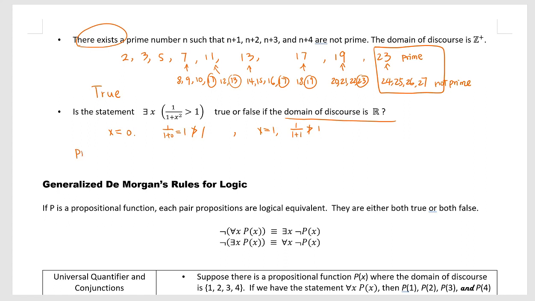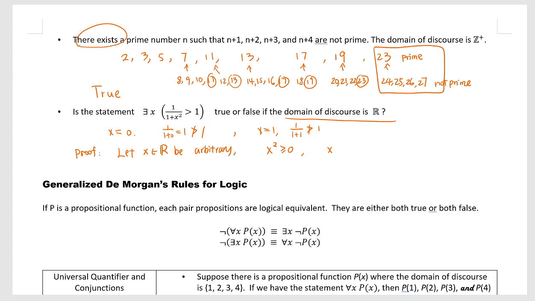So let's see. This is a proof. Let x in R be arbitrary. Arbitrary means it's any number, so let x be any real number. Okay? And then, what's x squared? Well, x squared is greater than or equal to 0. This is what we know.